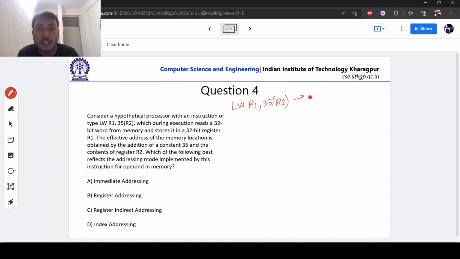There is a processor that supports this instruction. So the question is, what is the addressing mode?